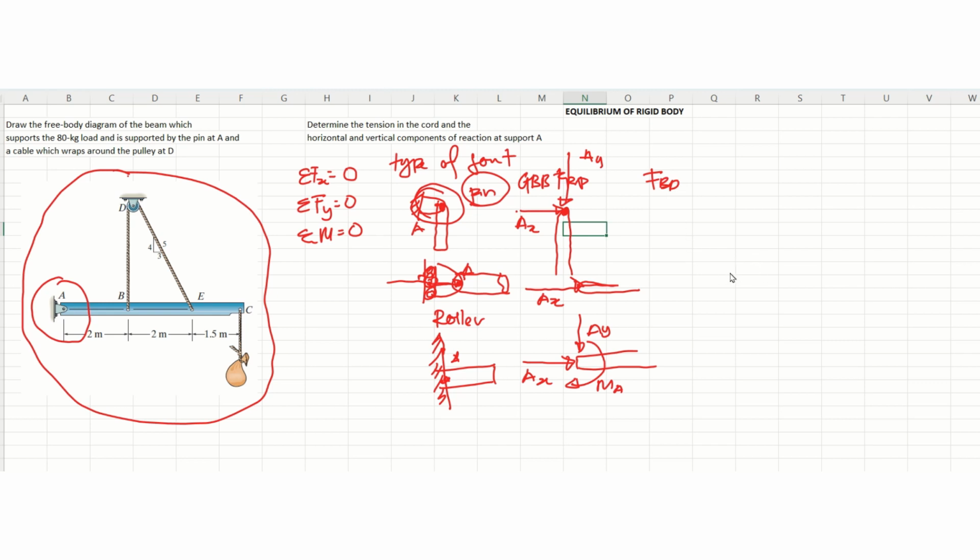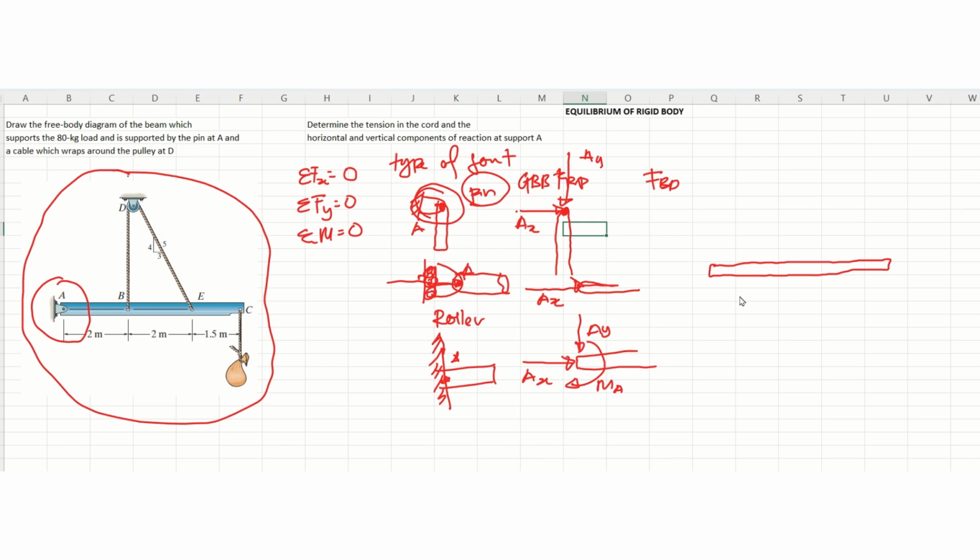That means we need to draw back the beam, but without the pin, only the body, with forces and force directions.